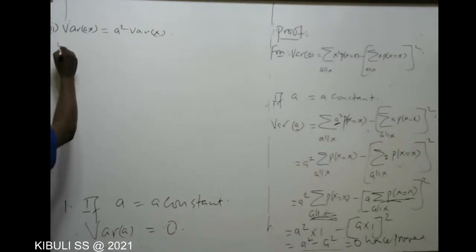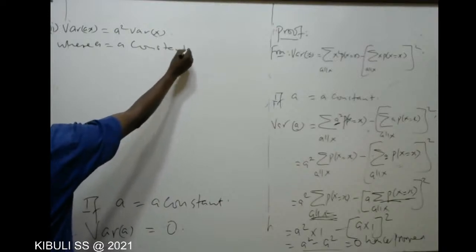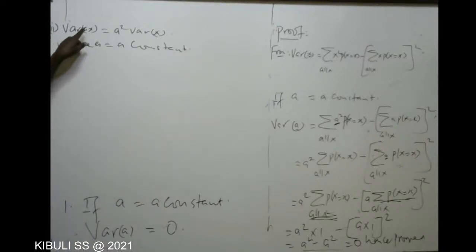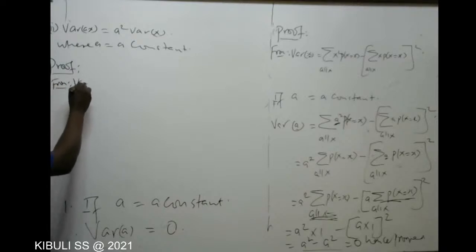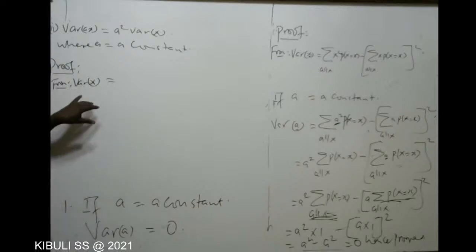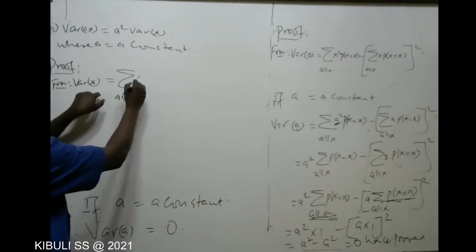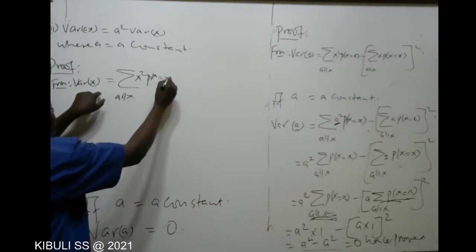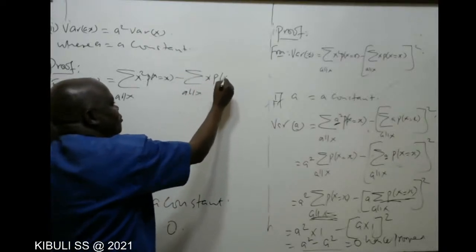As long as a is a constant, the variance of ax is equal to a squared variance of x. So our proof is to begin by saying, from the variance of x, this formula must be at your fingertips, being equal to the sum of all of x squared, probability of x is equal to x, minus the sum of all of x, probability of x is equal to x.